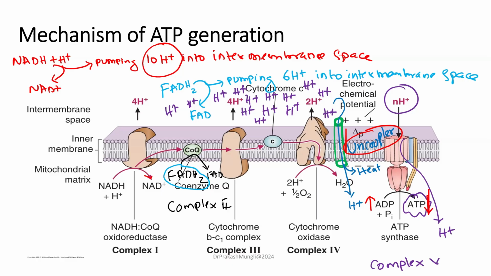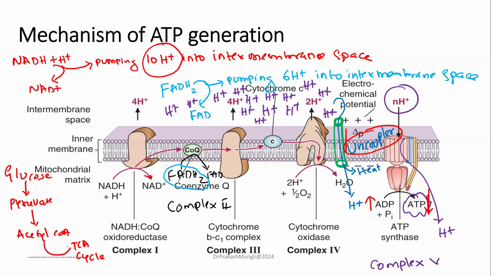I'll write one metabolic pathway, the more common one that we all study: oxidation of glucose. Glucose is oxidized to pyruvate. We're going to study this. Pyruvate is oxidized into acetyl-CoA, and acetyl-CoA undergoes the TCA cycle.